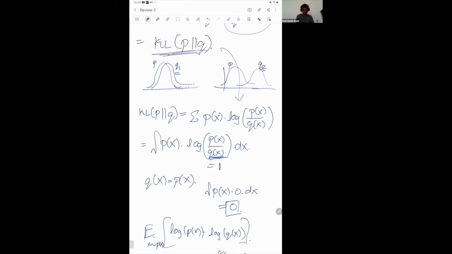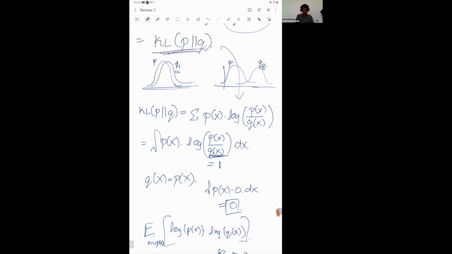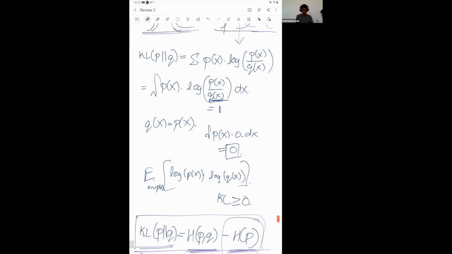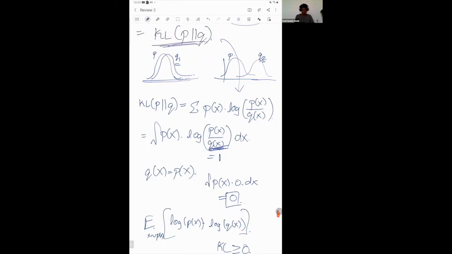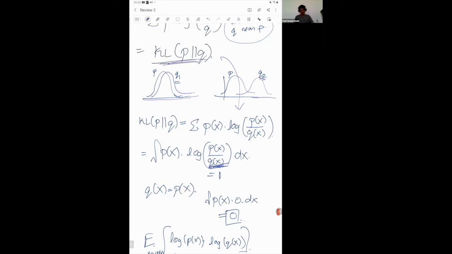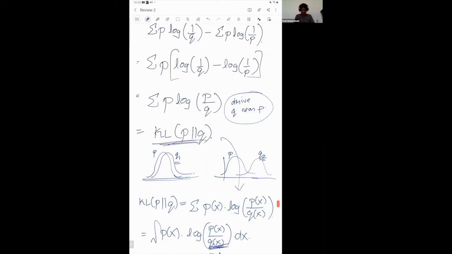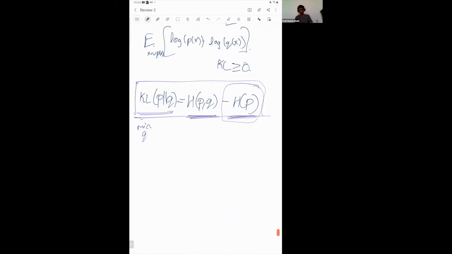So you can directly start with defining KL divergence, saying that it defines how two distributions are different from each other, and arrive at the same thing: in order to optimize Q of X, you are driving it to P of X, which is completely valid. And probably this is how it was discovered, and then the connection between the two was made. Any other doubts? These are all very good questions, and you need to clear all of it right away.